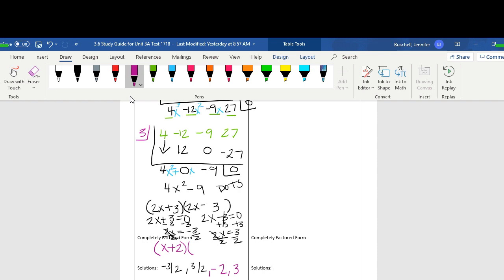And the opposite of positive 3 is minus, so x minus 3. I'm going to get my factors, not from negative 3/2 and positive 3/2, but from what I factored from 4x squared minus 9. And that is going to be 2x plus 3 and 2x minus 3. So there is all of my factors.